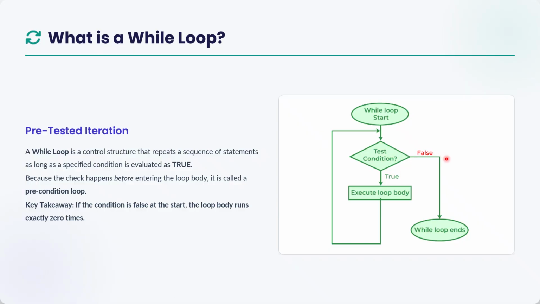If on testing the condition this is true, then only it will move on to the execution of the instructions that follow the while loop. Whereas if this condition is false, then it won't enter into the loop. In fact, it will straight away be terminated and moved on to the next part of the program.